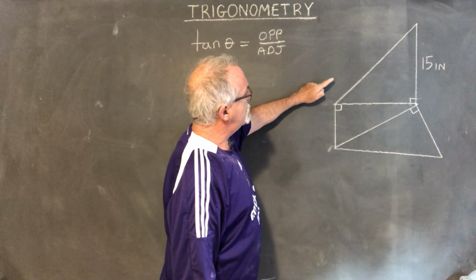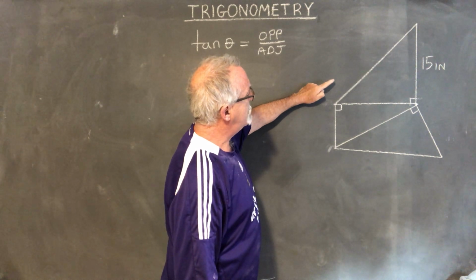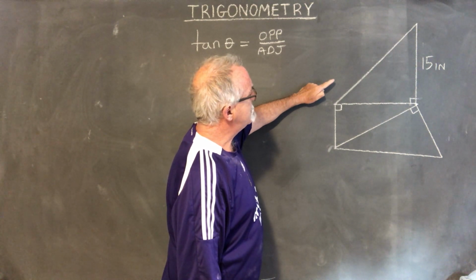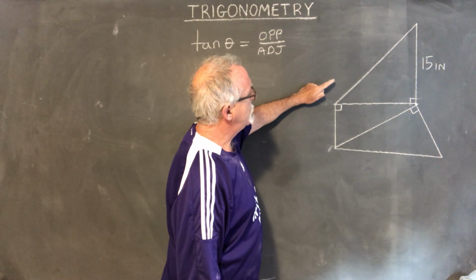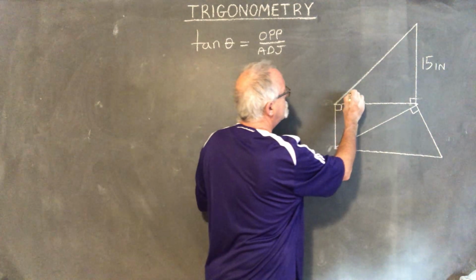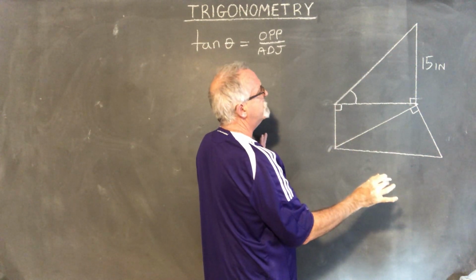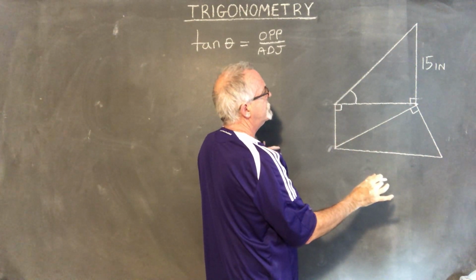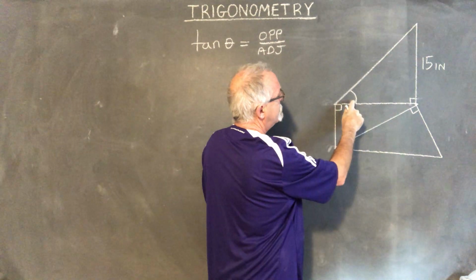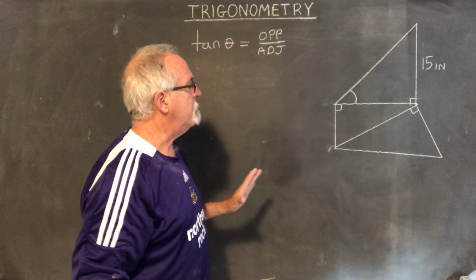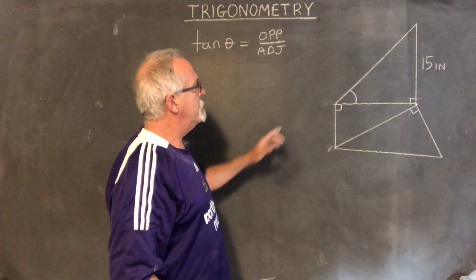But it's a vertex. We're just going to have to blame the chalkboard for occasional imperfections in the drawing. So let's say I decide that I want to know what this angle is, and I'm going to use the sine formula first. I want to avoid painting myself into a corner here.